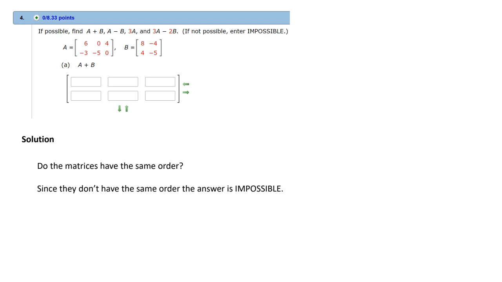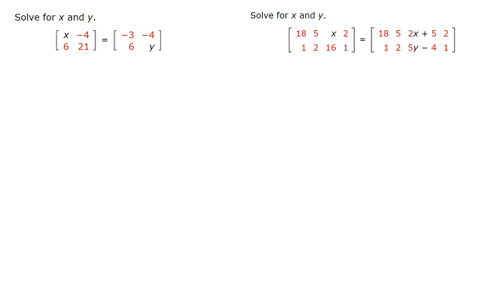All right. So let's have this one. Solve for x and y. For two matrices to be equal to each other, they have to have the same elements in each position. So here, I have an x, but the position where x is on the other matrix is a negative 3. So x has to be negative 3.